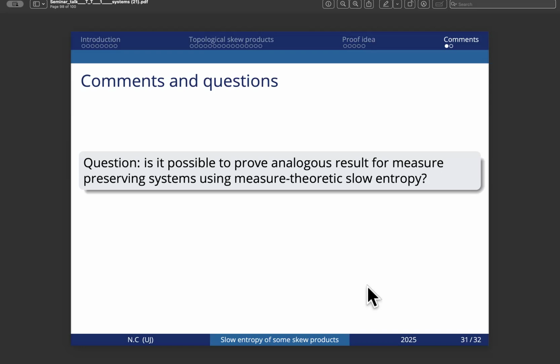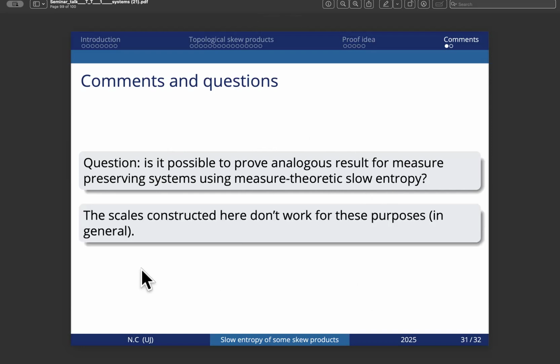I think it could be true in some cases, but I know that the scales that are constructed here and that work for topological entropy of the fiber in general don't work. So in general, the scales that work for topological entropy grow much faster than what one would need.